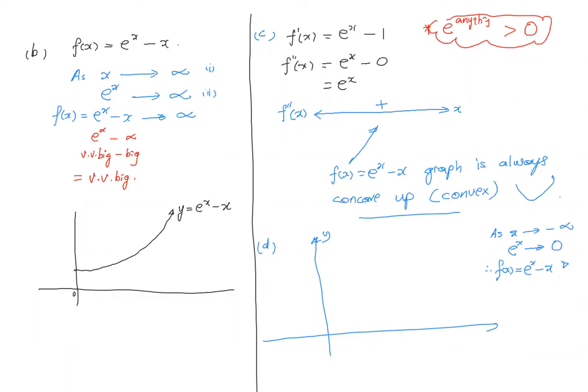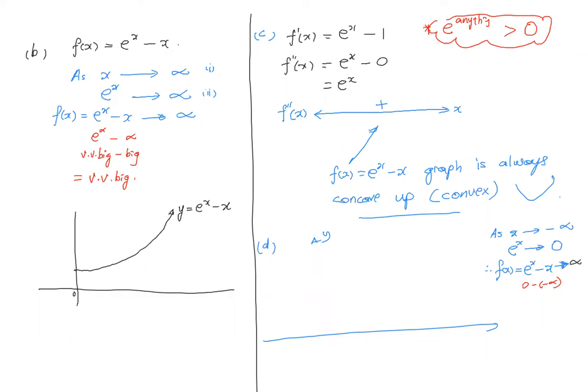So it will approach infinity or negative infinity, because this is 0. Take away negative infinity. So you will approach infinity, correct? Negative times negative become positive.